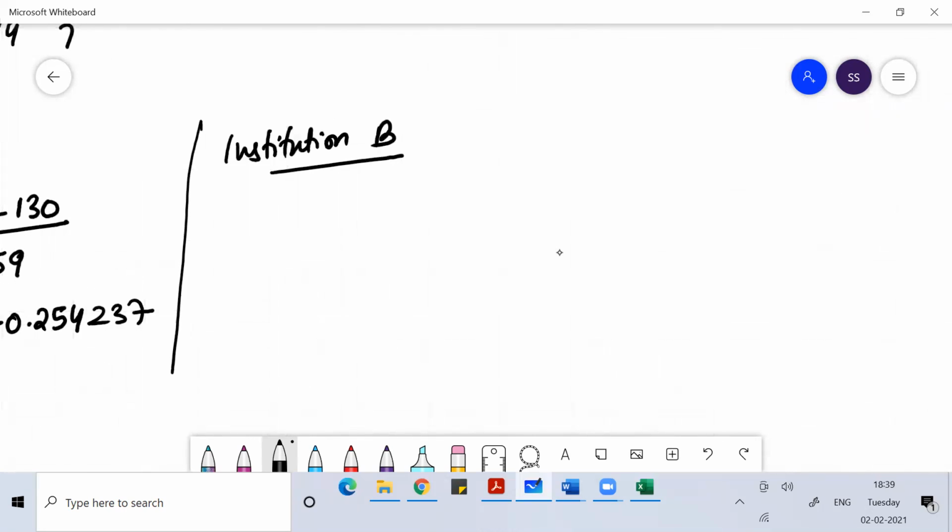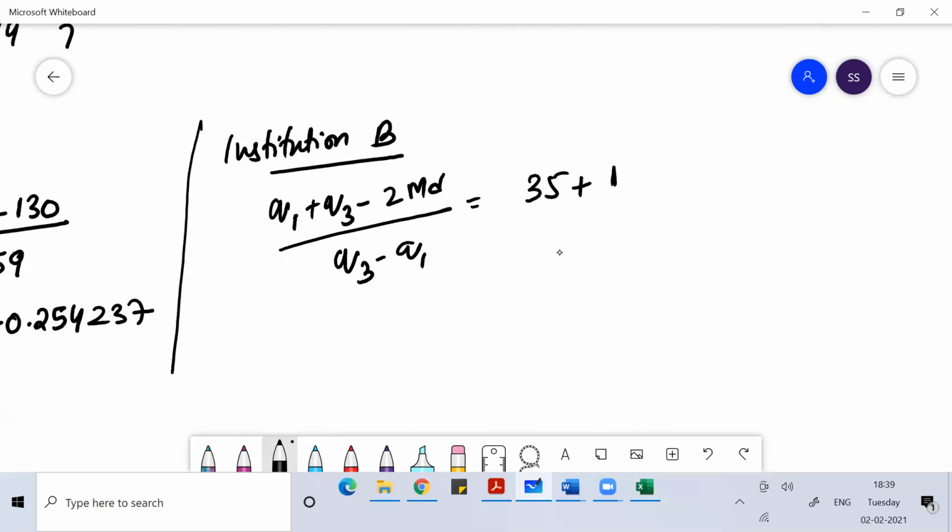So you have the formula: Q1 plus Q3 minus 2 times of median divided by Q3 minus Q1. Q1 is 35, Q3 is 102, 2 times median 64, divided by 102 minus 35.